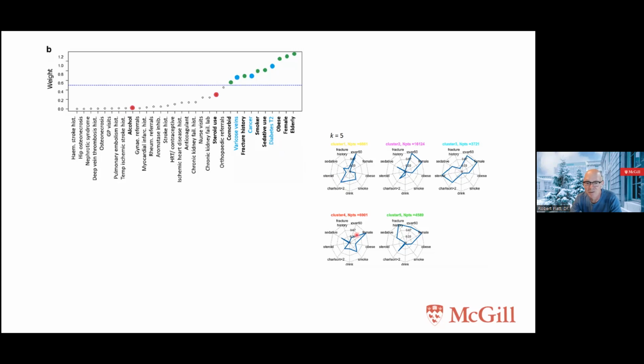And then we see just five example clusters here. I don't want to go into too much detail about the clusters, but I'll pick one. Cluster number 5 is female over 60 with fracture history. In this spider plot, the further you are from the center, the more important that variable is to the cluster.